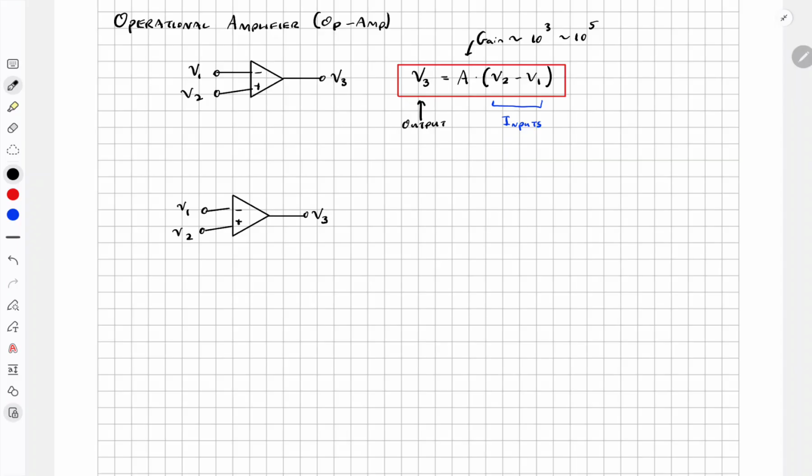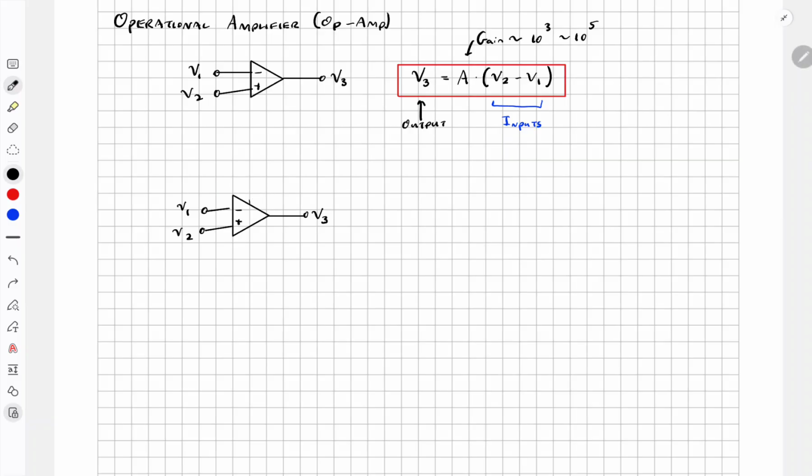The output is expected to be a much larger number than our inputs, so you obviously cannot get power out of nothing. So the op-amp requires DC power in order to work. You have to connect it to DC power supplies.